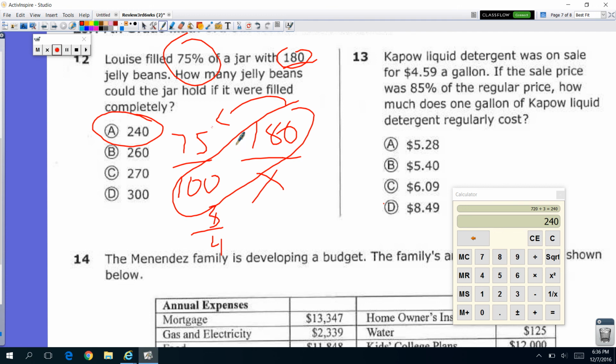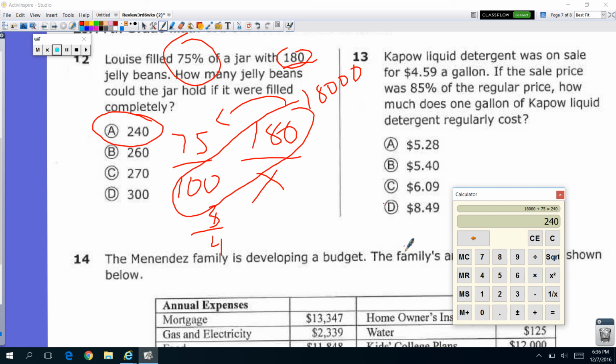Now, since you're using a calculator, if you just want to multiply 100 times 180, of course, that's going to be 18 and 3 zeros, and then you can divide that by 75. Just showing you that it does work no matter how you do it. And there's your 240 again.